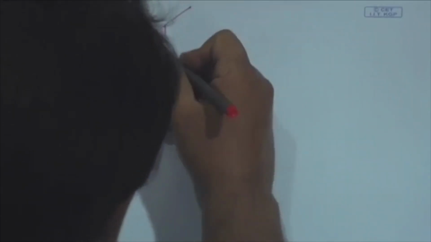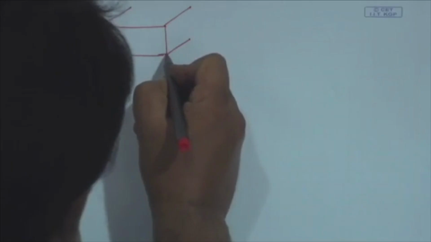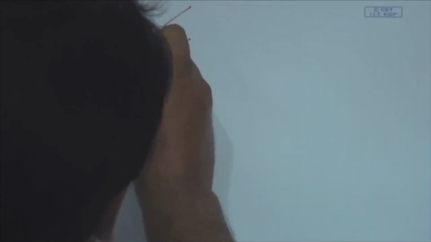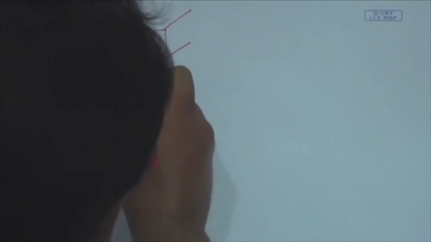So, let us consider a rectangular waveguide. This is the cross section of a rectangular waveguide. Let us say it is supporting TE10 mode.